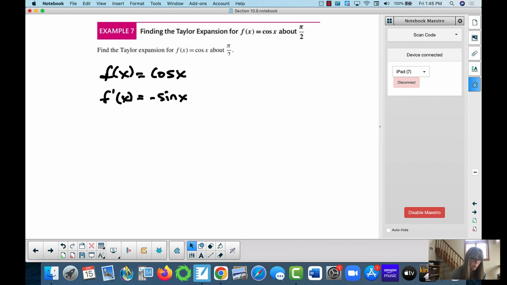And we evaluate those at c. So cosine of pi over 2 is 0. Negative sine of pi over 2 is negative 1.